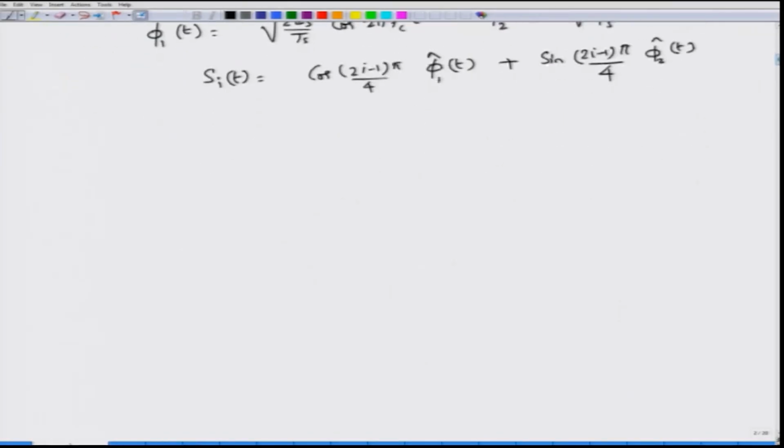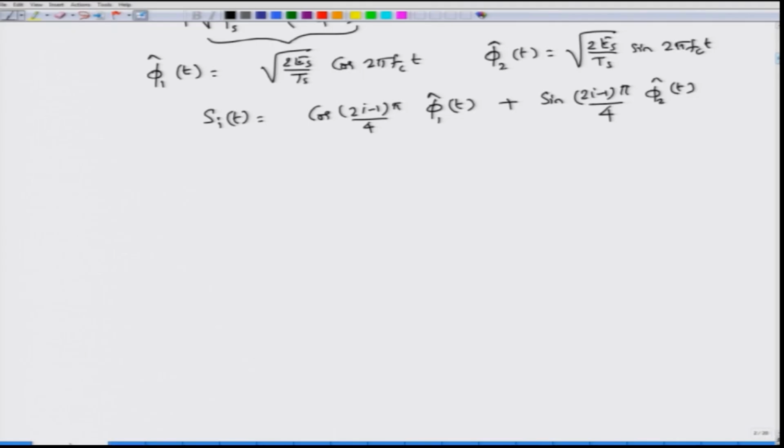Okay. So, if you now go to the signal space representation and call this the phi 1 axis and this the phi 2 axis, right, then by changing the value of I, which is say 1, 2, 3 and 4, I can find out what would be the corresponding points on the signal space.